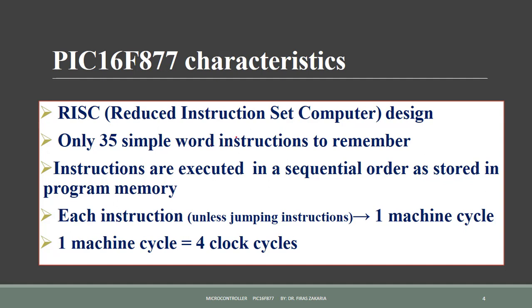This PIC executes the instructions one at a time in a sequential order as stored in program memory. Each instruction needs one machine cycle except the jumping instructions. The jumping instructions need 2 machine cycles. And note that one machine cycle is equal to 4 clock cycles.